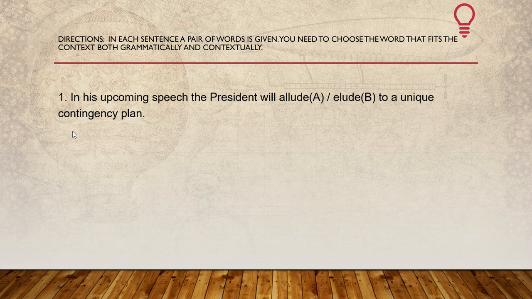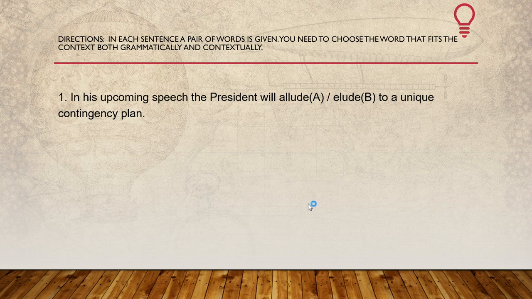It may or may not happen, but cannot be predicted certainly. So that is what we call contingency. So that is contingency plan. So the president must be referring to, suggesting or hinting a contingency plan. So that is A.